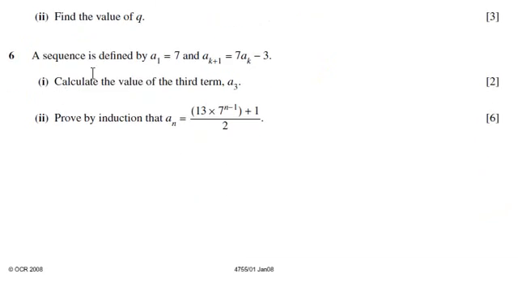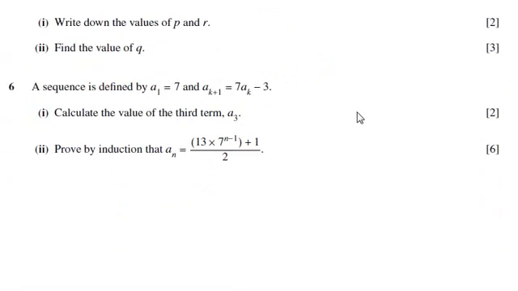Now question 6, this is the last of section A because this is going to be long if I don't cut it in half. Okay, a sequence defined by a1 equals 7 and a(k+1) is equal to 7ak minus 3, calculate the value of the third term.